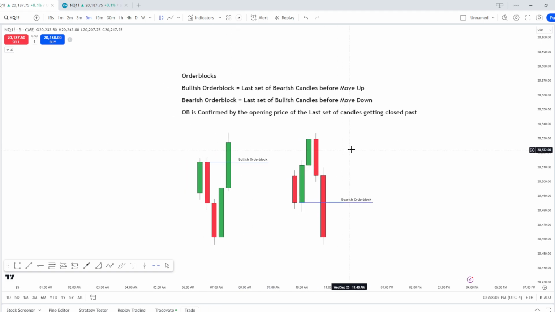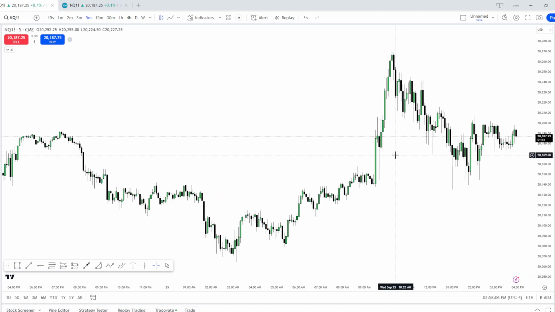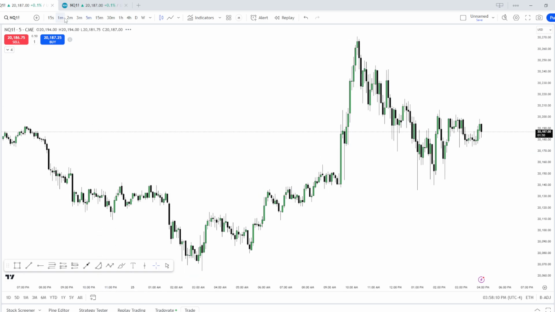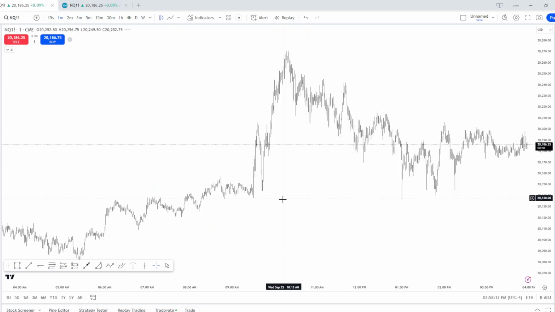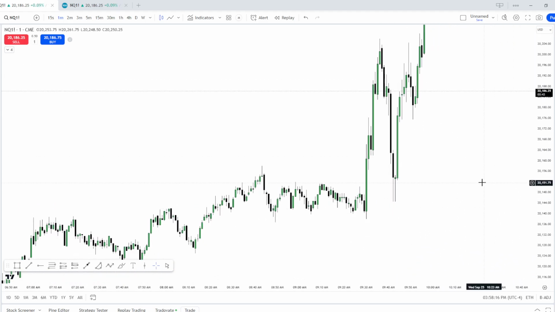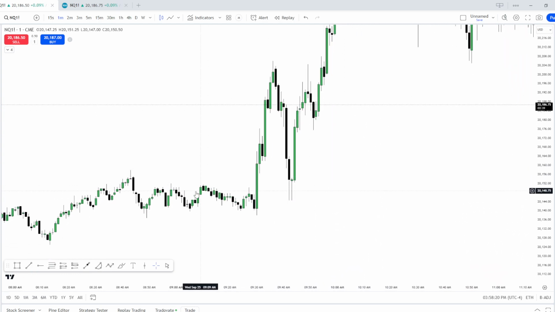So now that I've shown you these couple little visual examples with the drawings, I can show you actual examples on a chart. Price action has been very bad the past couple days, but I will go to this morning because there was a pretty good example. Right here, we can see we had this consolidation before we had a lot of displacement to the upside, and we had a lot of speed in these candles.